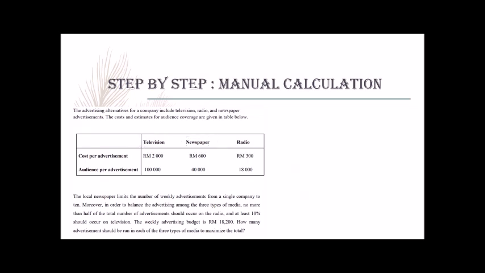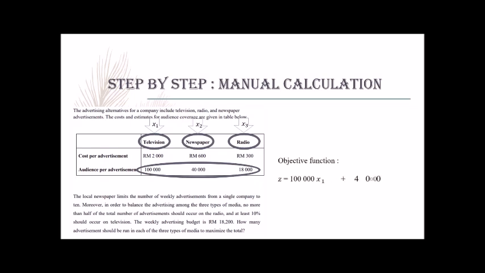Since the question involves cost, it will not be taken as the coefficient for the objective function. Instead, we took the number of audience per advertisement as the coefficient. So, the objective function is Z equals 100,000 x1 plus 40,000 x2 plus 18,000 x3.